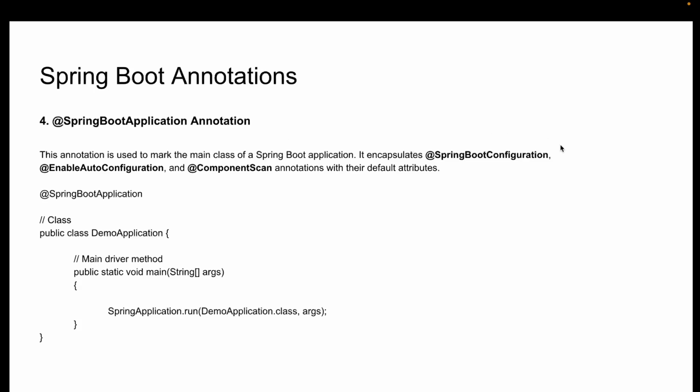We might not have to use those three annotations. With the help of the single Spring Boot application annotation, we should be able to do all the configuration items. So we had seen until here yesterday, so let's go through some more annotations.